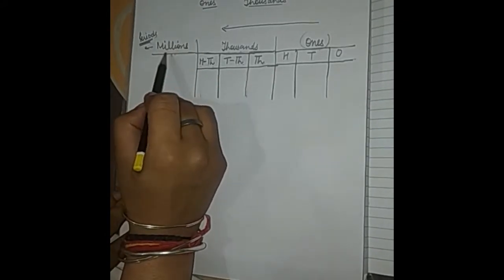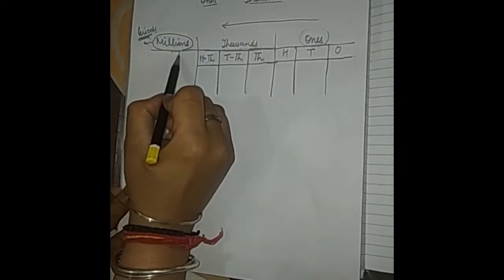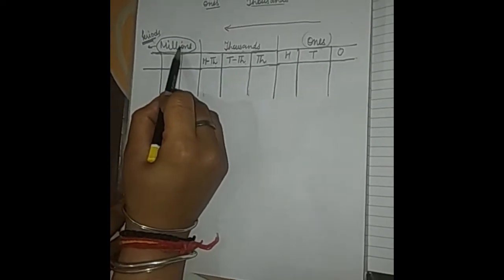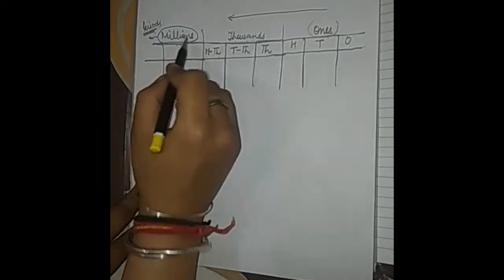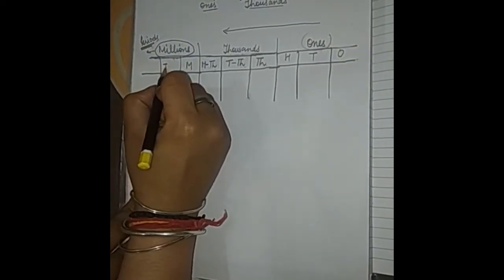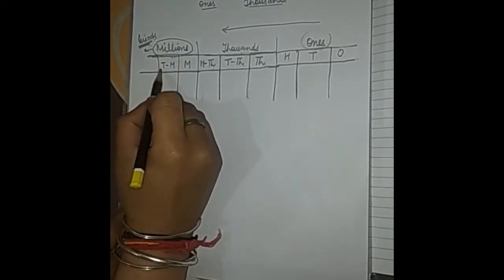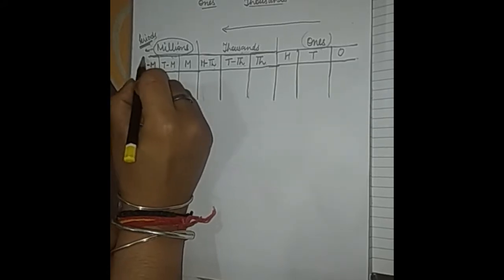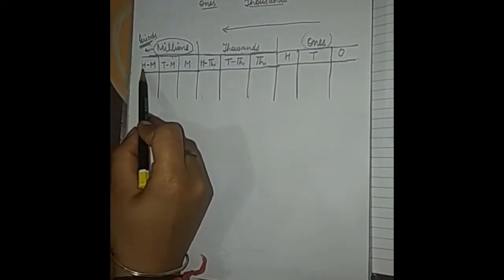Now the next period is the millions period. In the millions period, it is also divided into three places. First is 1 million, we will write M for million, and 10 million, we will write TM. Next place is 100 million, so we will write HM.